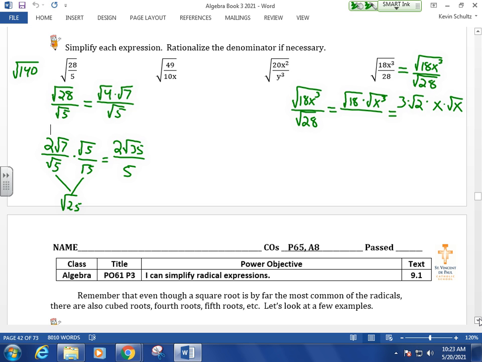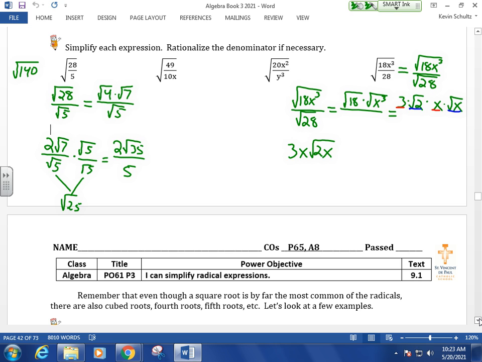Right? So now we look at what's outside the roots, 3 and x. That's going to stay outside the root. And then what's inside the root, root 2 and root x, is going to stay inside the root. So our numerator ultimately simplifies down to be 3x root 2x.